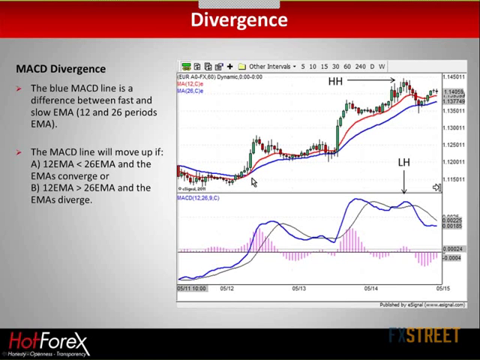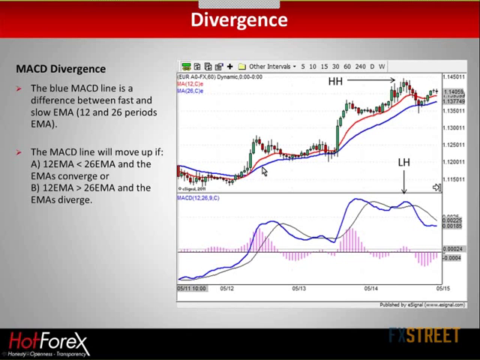Then, point B, the 12 EMA, the faster EMA, can be, and it is above the slower one from this point onwards, and if the EMAs diverge, in other words, if the difference between them is growing, then the MACD line will keep on moving higher.